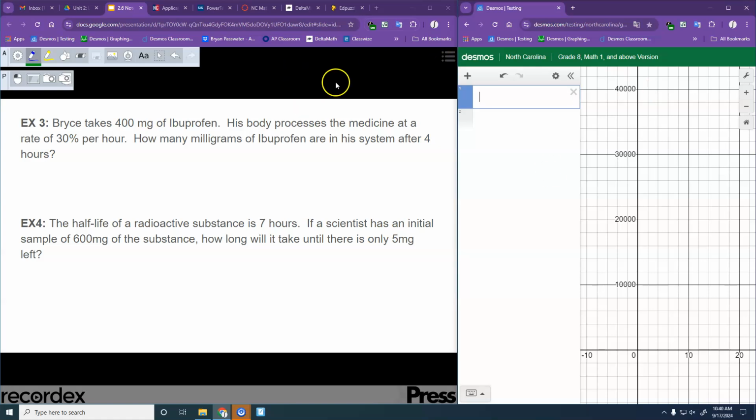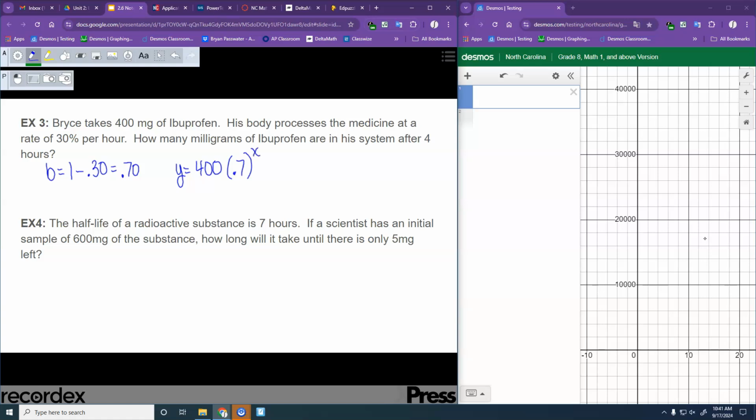After that life lesson, let's do this problem. The problem itself is not all that bad to do. What should we do? Y equals 400. What should I use as my B value? 30%. 1 minus 0.30, which is going to give me 0.7 or 70%. That's the percent that stays in your system.